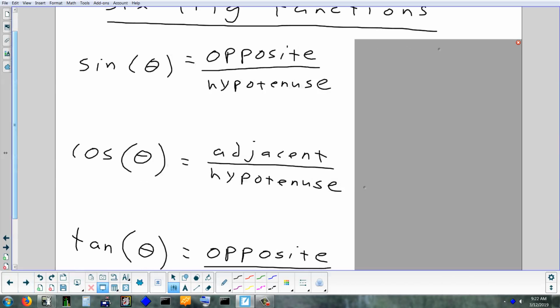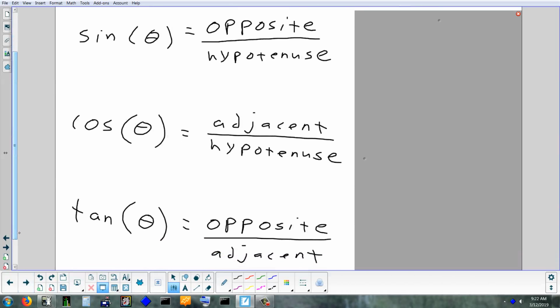Okay, so sine is opposite over hypotenuse, cosine adjacent over hypotenuse, and tangent is opposite over adjacent. So basically, a trig function is a fraction of 2 lengths. That's what it is. It's a fraction of 2 lengths in a triangle.